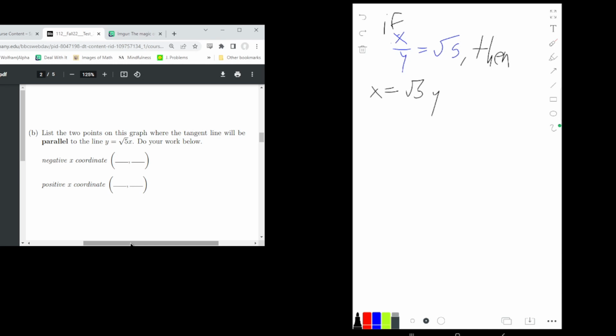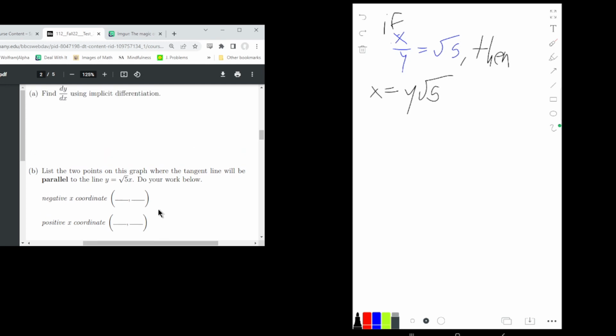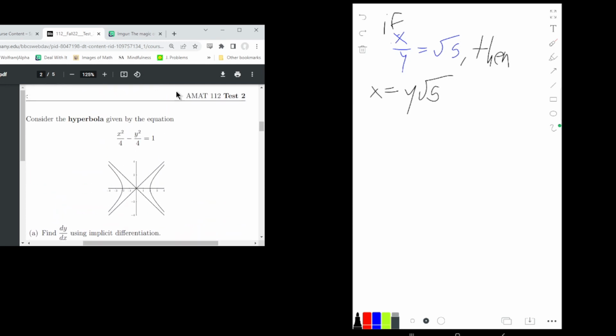And notice that the y here is not under the radical. So perhaps it would be a better idea to write it as y square root 5. But the more important thing is that being on this graph means it still has to satisfy this equation.